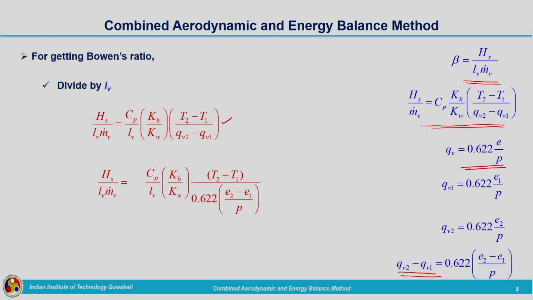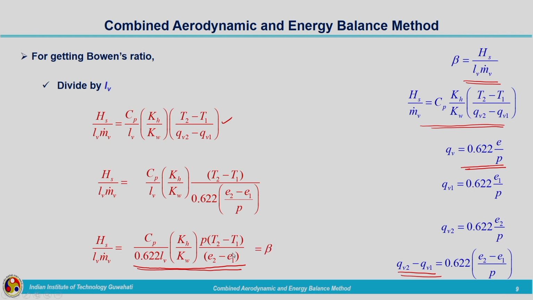We can make some rearrangements of the terms. Then Hs by Lv mv dot will look like this: Cp divided by 0.622 Lv, Kh divided by Kw, P multiplied by T2 minus T1 divided by E2 minus E1. You look at the left hand side: Hs divided by Lv mv dot is nothing but our beta, the Bowen's ratio.